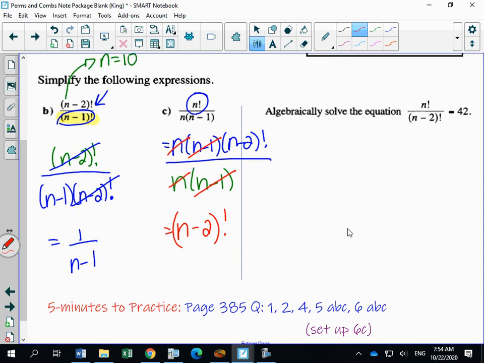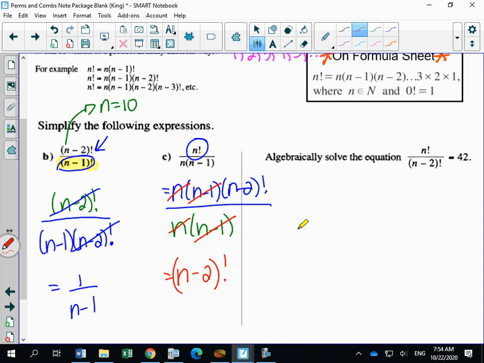Algebraically solve this equation. Again, look at the numerator and denominator and see if you can figure out which one is bigger. If n was equal to 10, I would have 10 up here and 8 in the denominator. So I'm going to start unzipping this, and I'm going to stop when I get to n minus 2 factorial, because I want to cancel. n factorial is the same thing as n times n minus 1 times n minus 2 factorial.